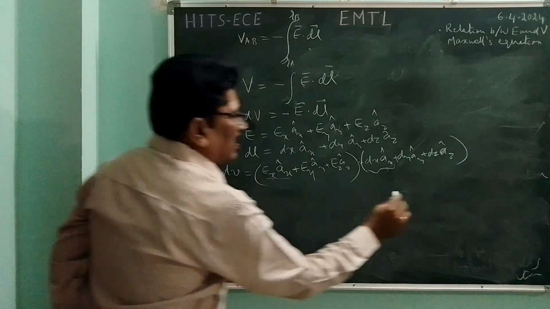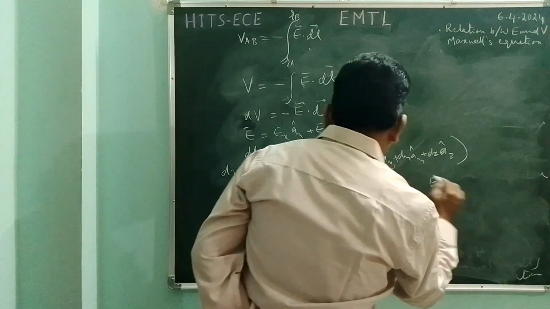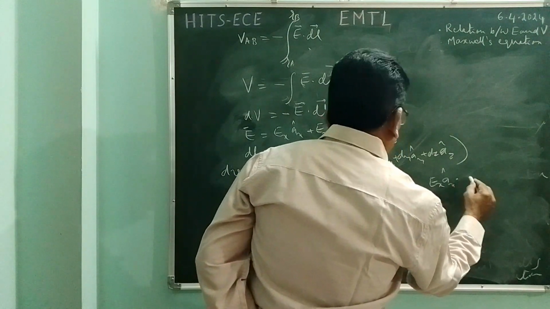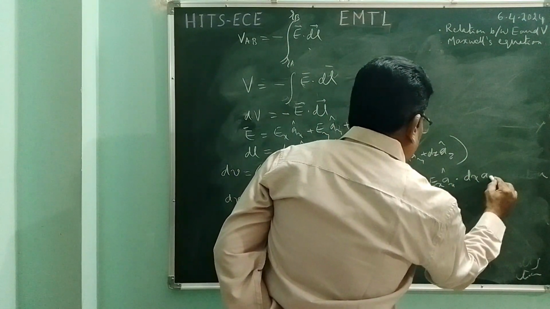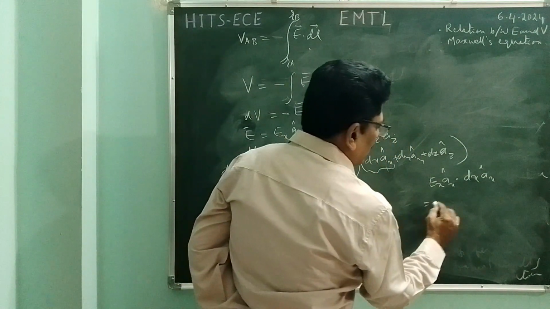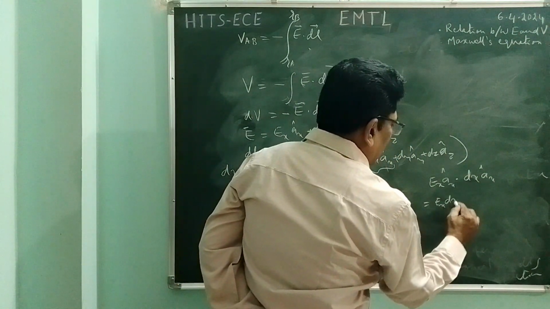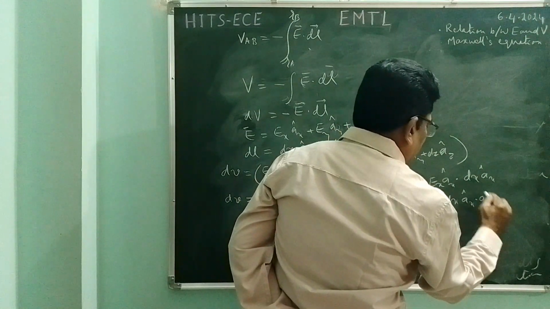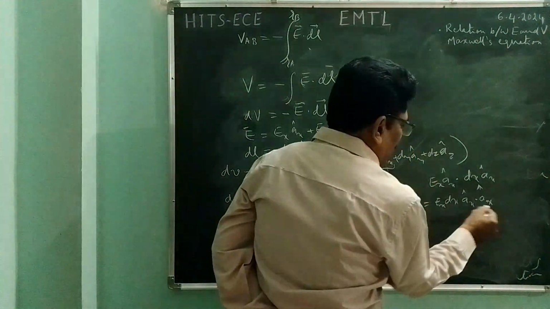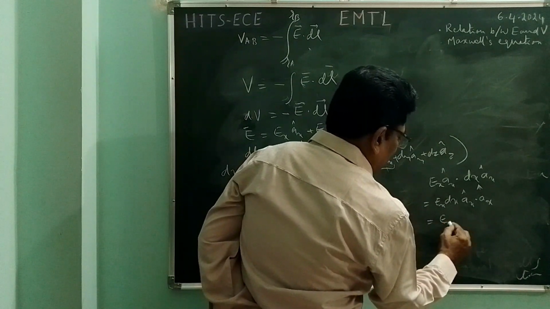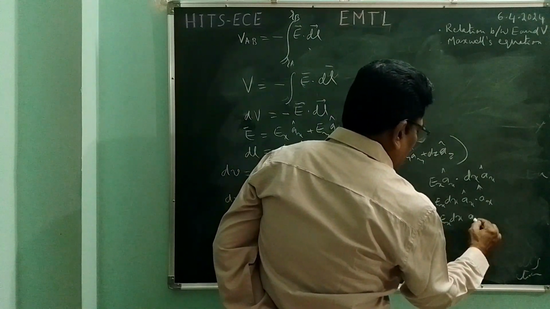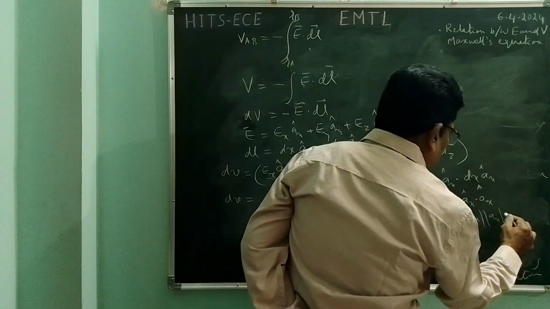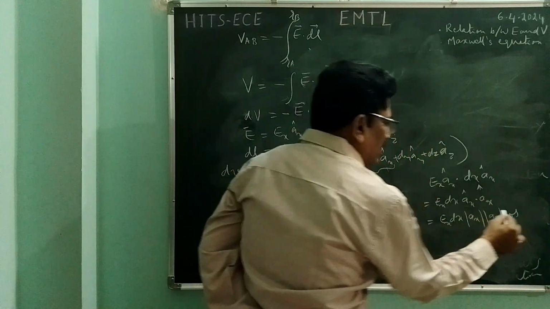Ex Ax cap dot dx Ax cap is equal to Ex dx times Ax cap dot Ax cap. These two are vectors, so the dot product is Ex dx times the magnitude of Ax times the magnitude of Ax times cos of the angle between them, which is 0.